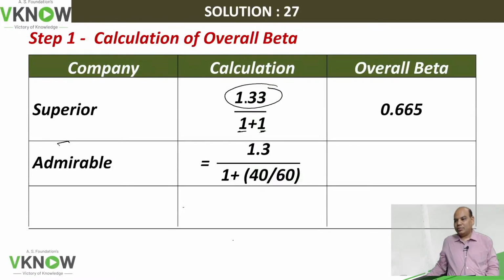Now try yourself Admirable. Admirable Limited: its equity beta is 1.30 upon 1 plus debt equity ratio. 40% debt, 60% equity, so 1 plus in bracket 40 by 60.